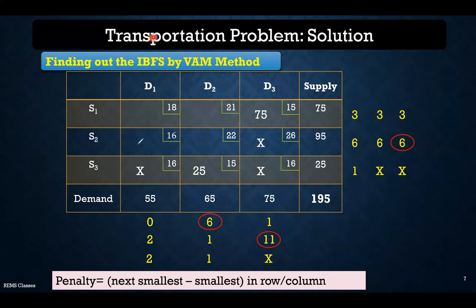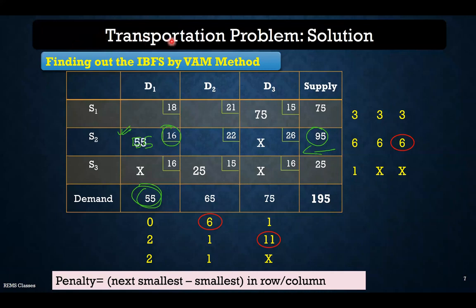In this particular row, the least transportation cost is 16. So we will select this particular cell. In this cell, there is a demand of 55 units and a supply of 95 units. So we will supply 55 units in this particular cell. So we have allocated 55 units in this cell.